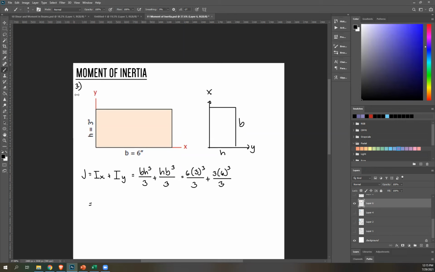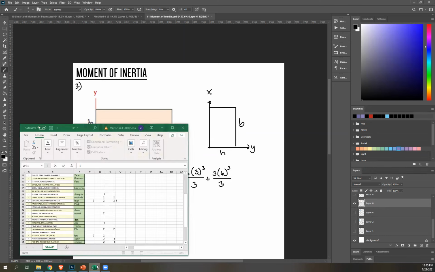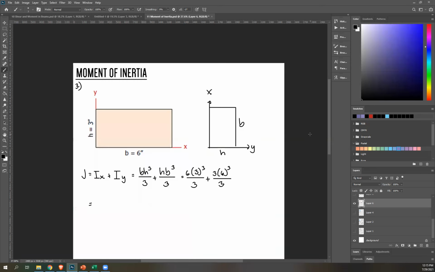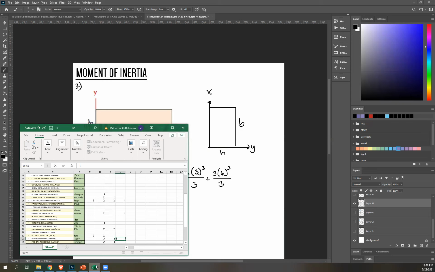Correct. It's 270. What's the unit? Inch to the 4th.